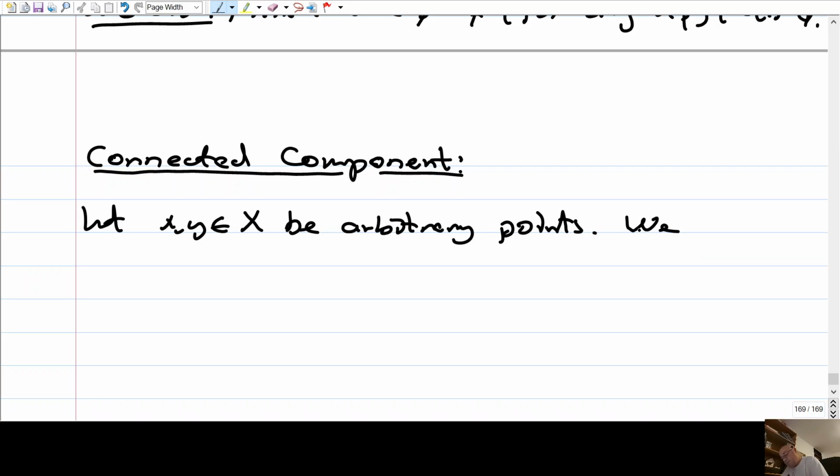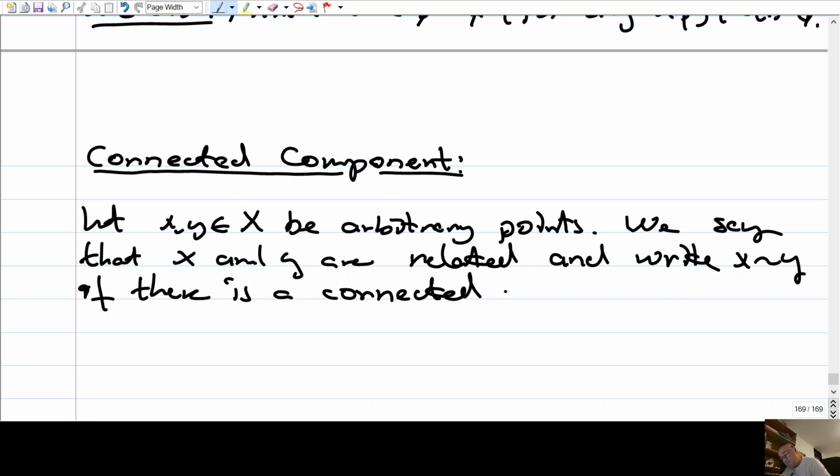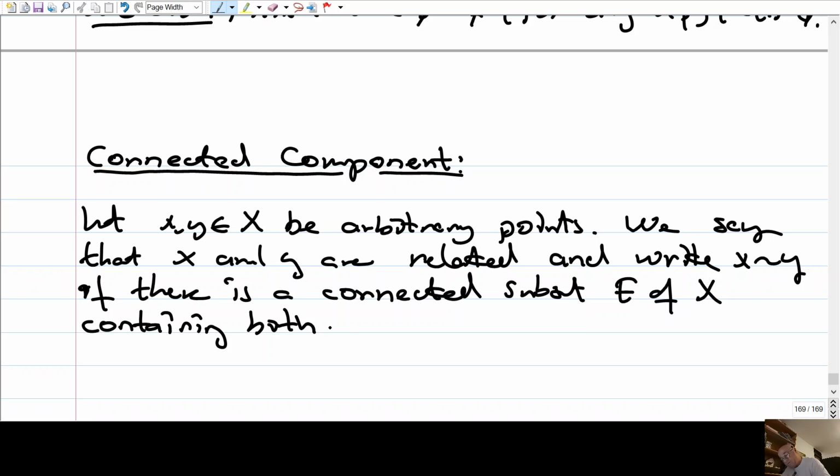We say that x and y are related, and write x is related to y, if there is a connected subset E of X containing both x and y.